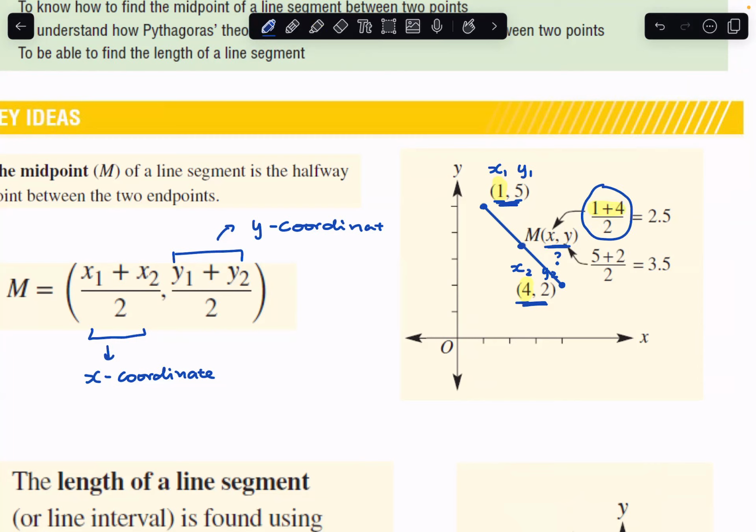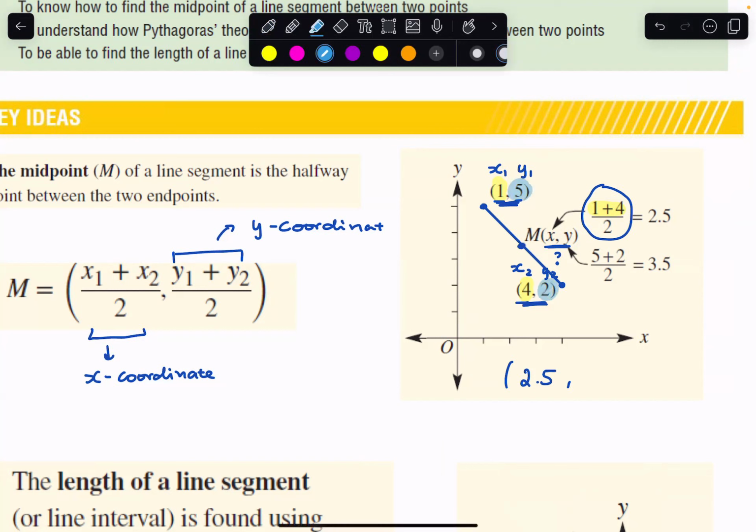So the x coordinate here is 2.5. All right, so the midpoint's x coordinate is 2.5. Second one, very similar. We're going to do y1 plus y2 divided by 2, which equals 3.5. So that is the y coordinate. Okay, that is the final answer. That's the midpoint, okay? Very straightforward.